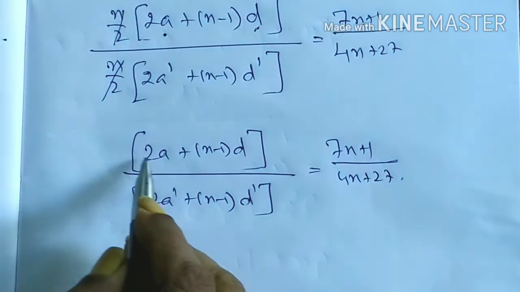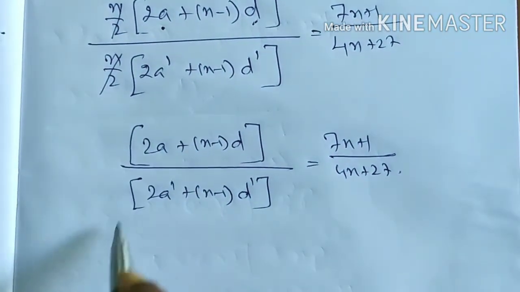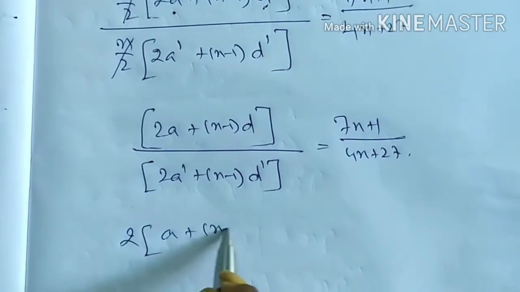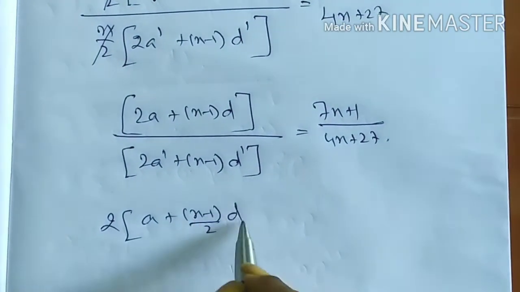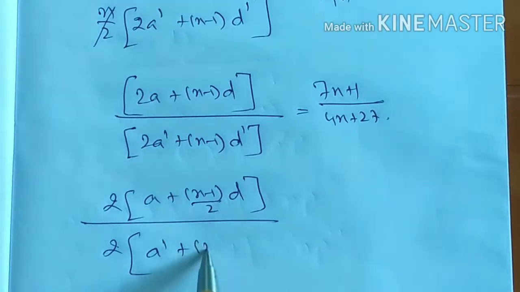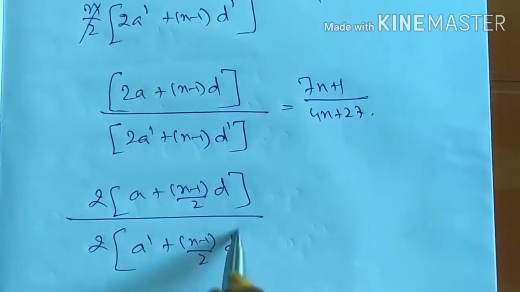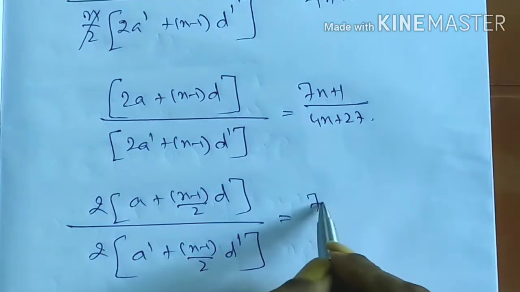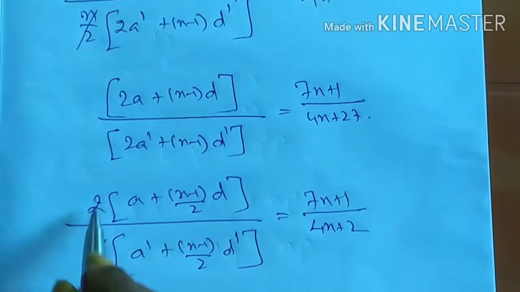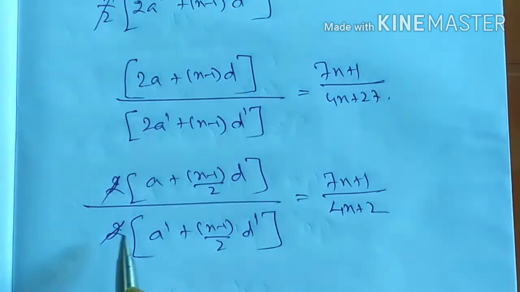Now we take 2 common from both numerator and denominator: 2 common, a plus n minus 1 by 2 d, by 2 common, a dash plus n minus 1 by 2 d dash, is equal to 7n plus 1 by 4n plus 27. Now 2 cancels.